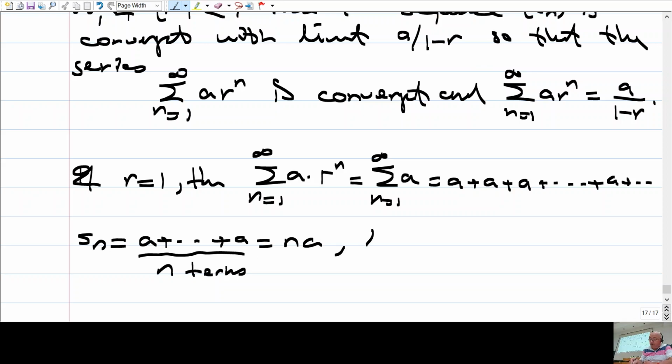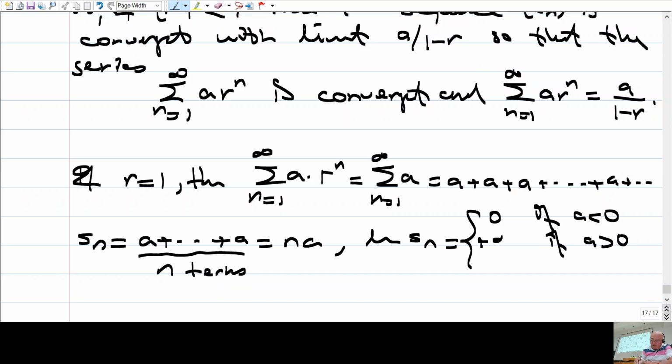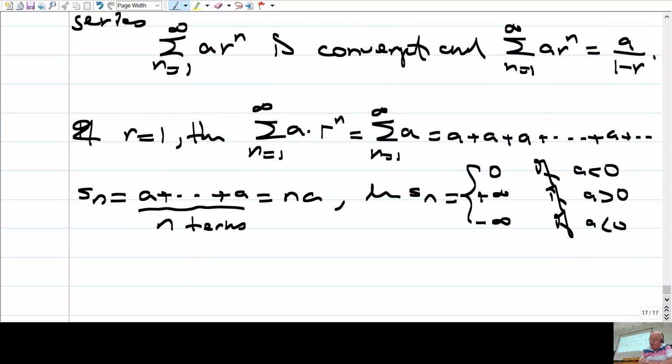And what is the limit of this? If a is 0, then this is 0. But if a is positive, then it is divergent to plus infinity. And if a is negative, then it's of course minus infinity.